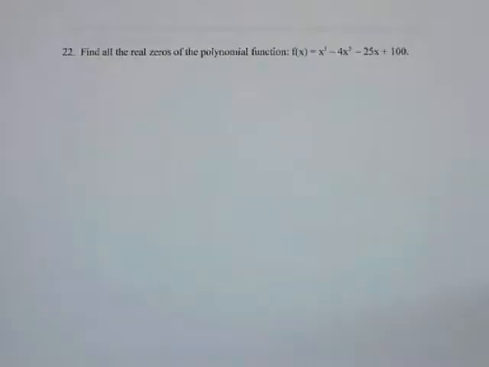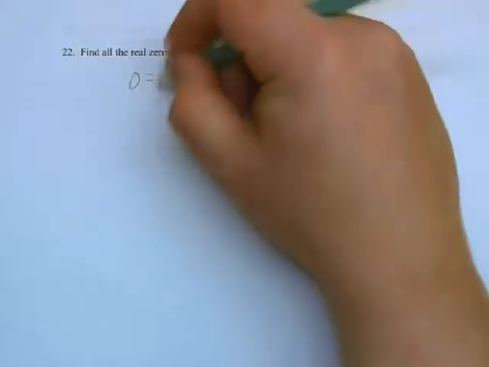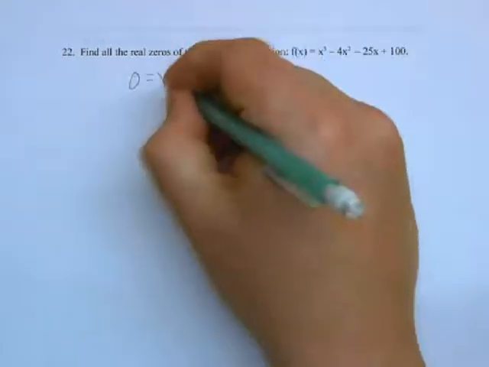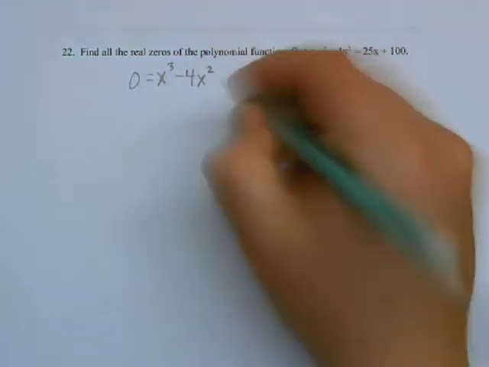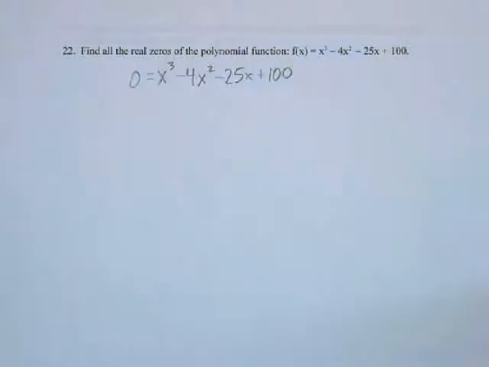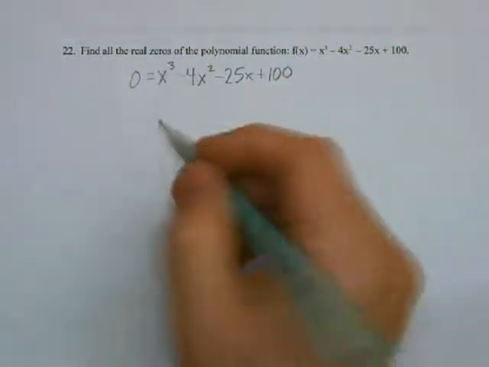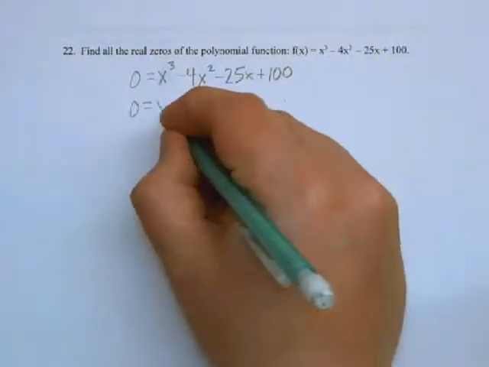Number 22, we want to find all the real zeros. Okay, so this one is factorable, although not all cubics will be. We look at the first two terms, we can factor out x squared.